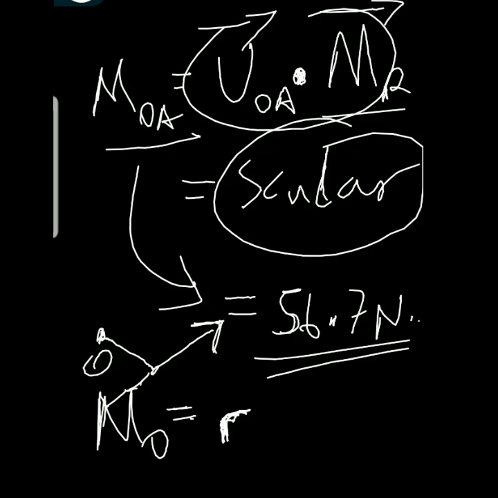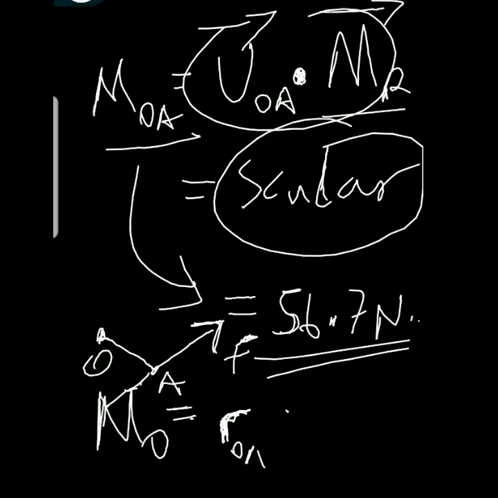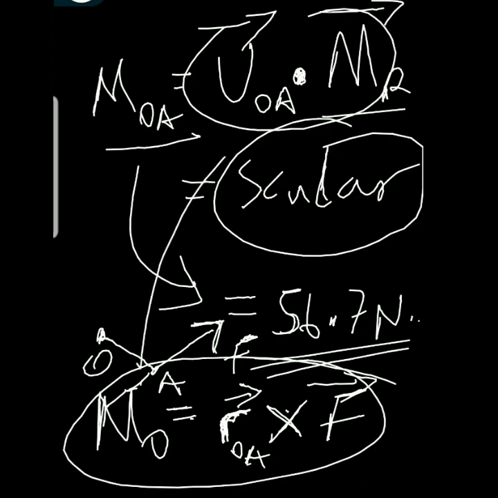If this was A, we determine the position vector OA and apply a cross product with this force F, both in Cartesian vector form. So don't mistake this with the dot product.